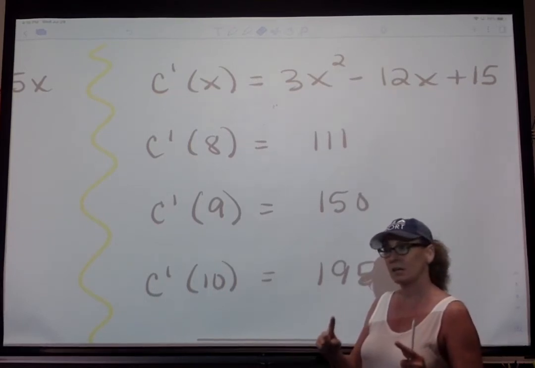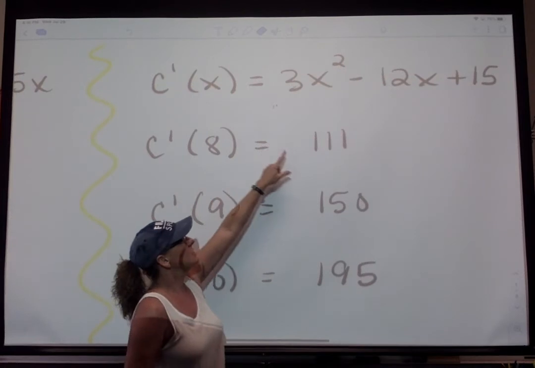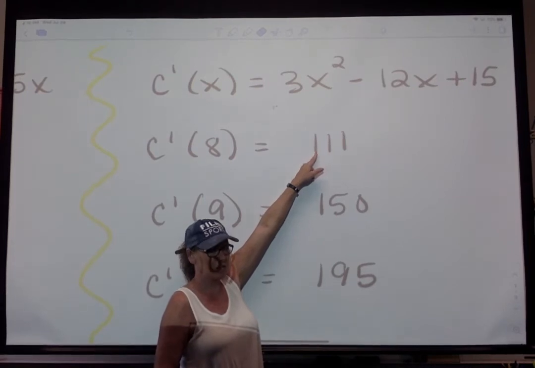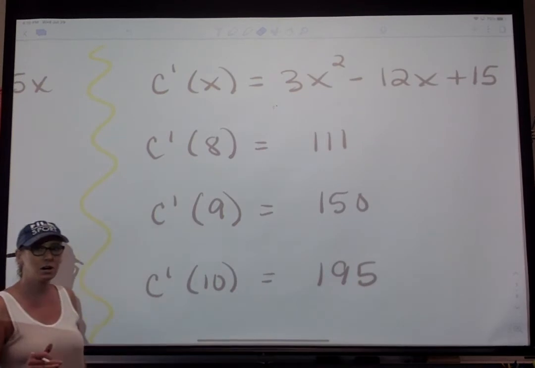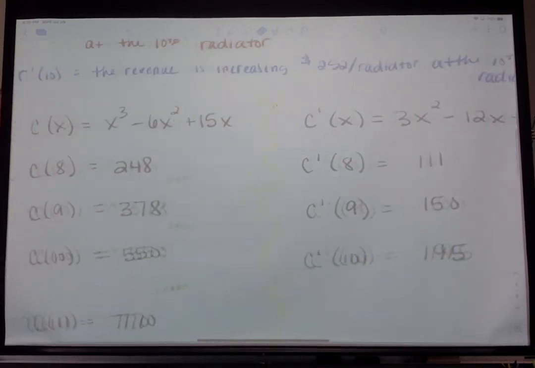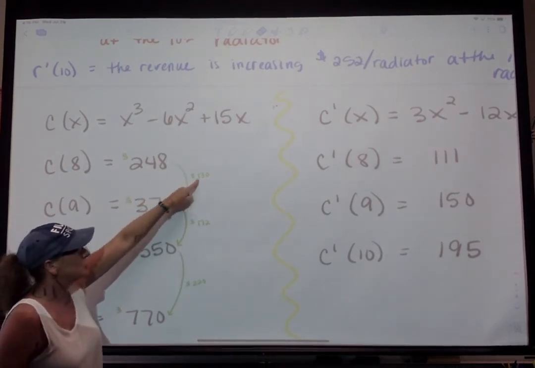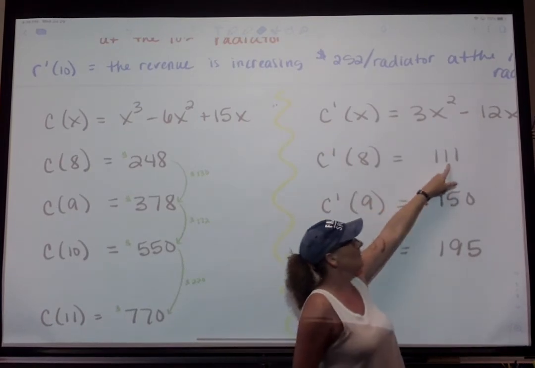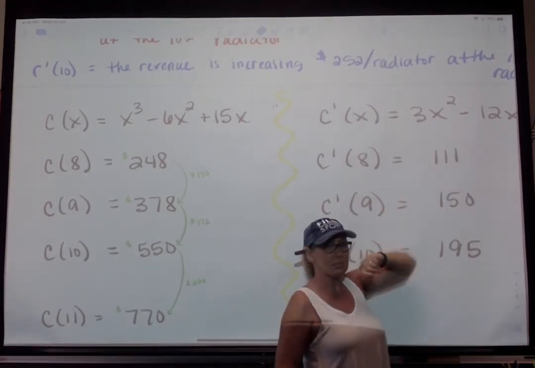But wait a minute. Doesn't this mean how the cost was changing at the 8th radiator? Well, no, it wasn't. It didn't change that much from the 8th to the 9th. But that's what that means.